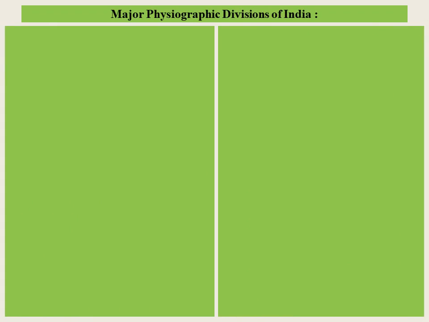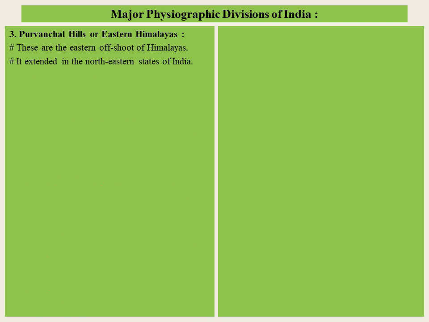Next, in the northern mountains, the third heading is the Purvanchal Hills or Eastern Himalayas. These are the eastern offshoot of the Himalayas. It extends in the northeastern states of India. Most of these hills are located along the border of India and Myanmar, while others are inside India.